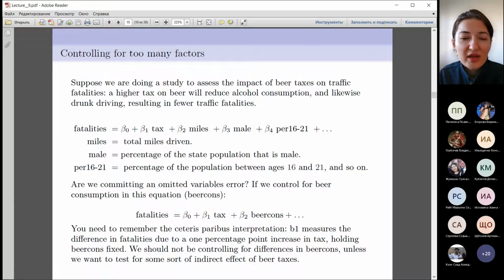And there is no logic to include beer consumption here directly, and to find the effect of beer consumption precisely, if our main question is how tax rates influence the fatality rates. Okay, so remember about this when you think about which variables you need to include in your model.